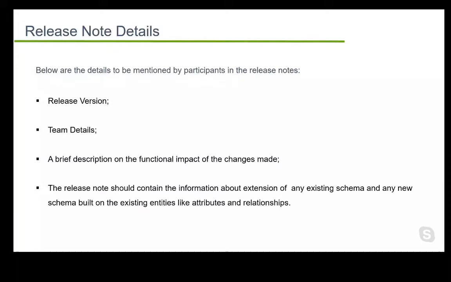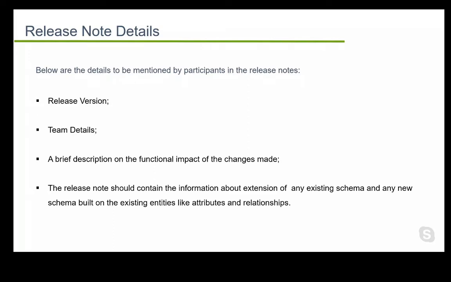Yeah, so as we can see here, the release note will have the release version, so that the solution can be properly maintained, version-wise. So the versioning must be there, and participants need to mention the release version while creating the release note for the solution.